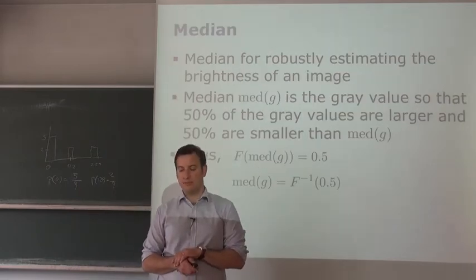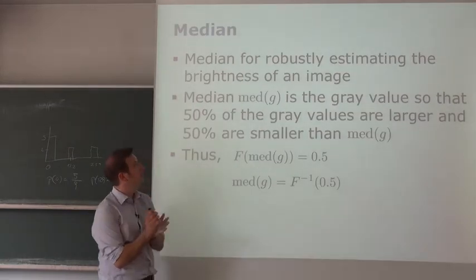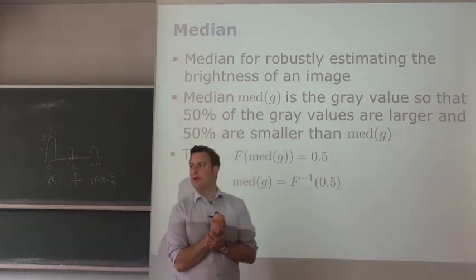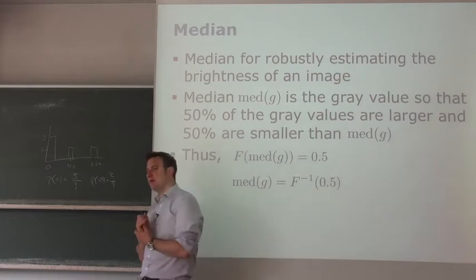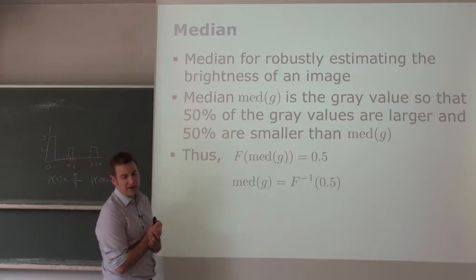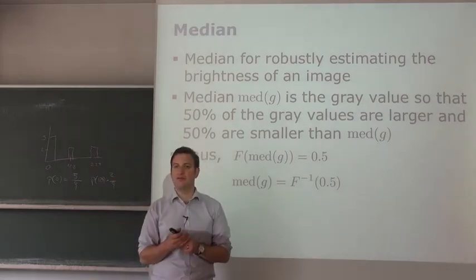Okay, so what about the median? It's again similar to the mean, an estimate about the brightness. The only thing is that it's kind of robust against outliers with a few extreme values in my histogram.